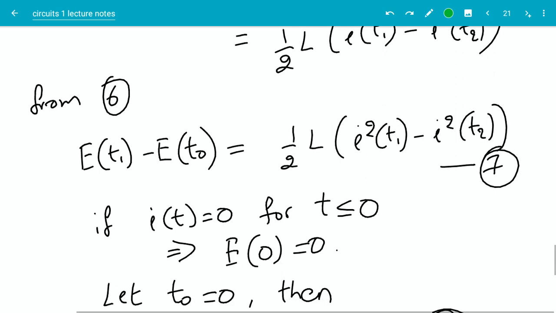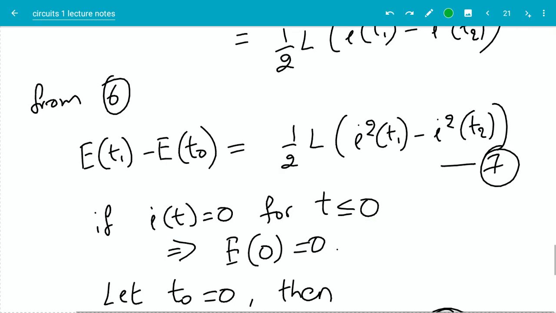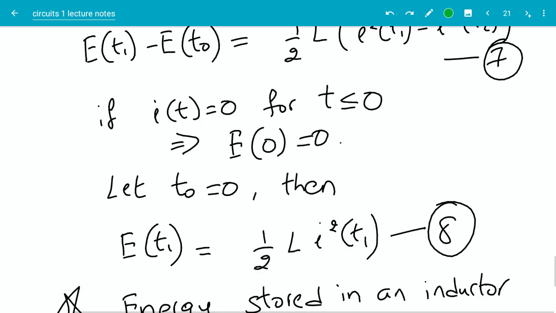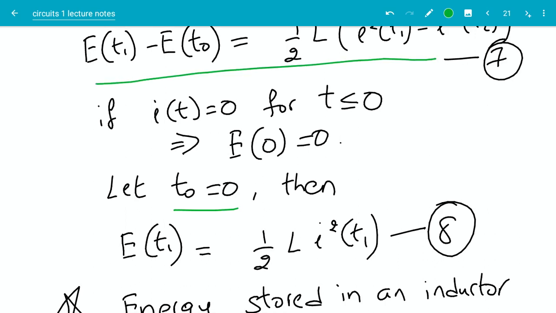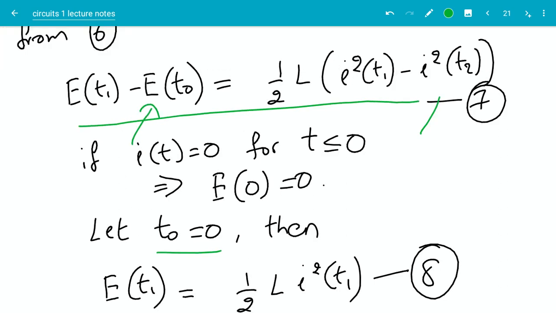and then let's say the current is 0 for all negative time. That means that there has not been any current flowing through the inductor, so there's no energy stored in the inductor, and at time 0 the energy is 0, if the current is 0 for all t less than or equal to 0. Okay, so what that means is, if I substitute t equal to 0, then from this equation here, this E of T0 will become 0, and i squared of t, this should be T0, not T2.